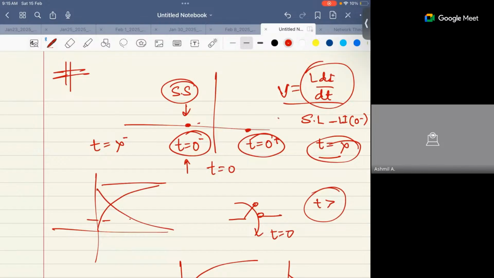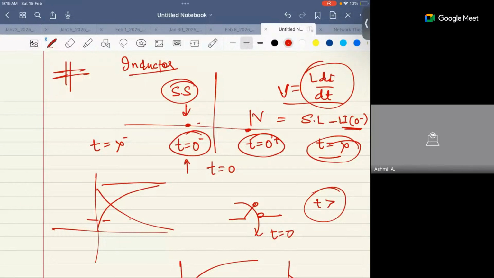L I. Okay, so that's why you need the initial conditions. You basically need what the current was, I'm just talking about the inductor first. If you are dealing with a circuit where only the inductor is there, you need the initial I value, right?